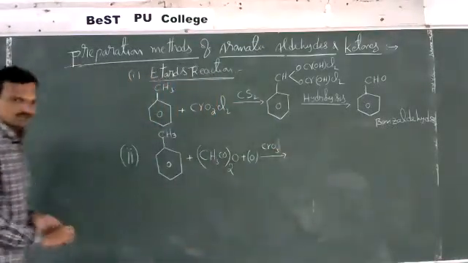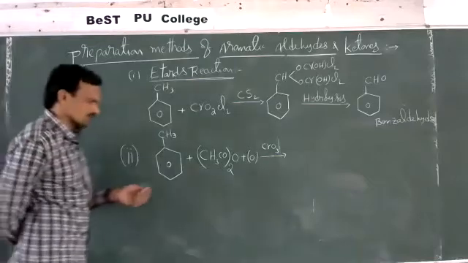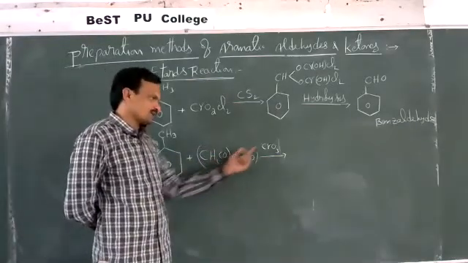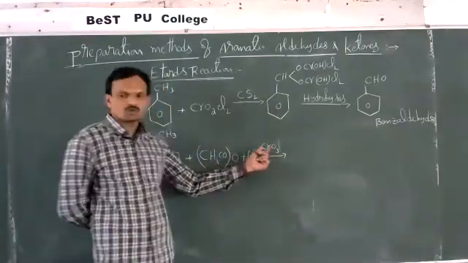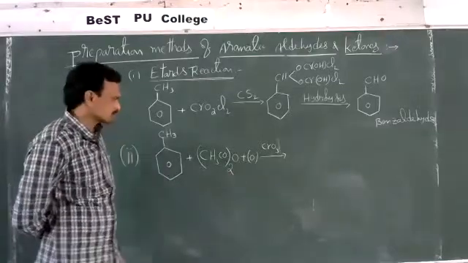So oxidation of toluene with acetic anhydride and CrO3, chromium 6 oxide.